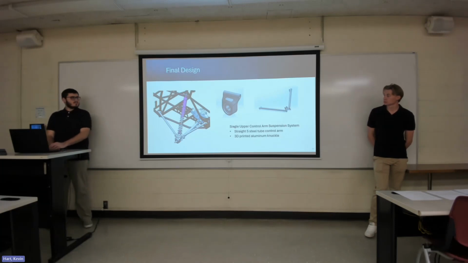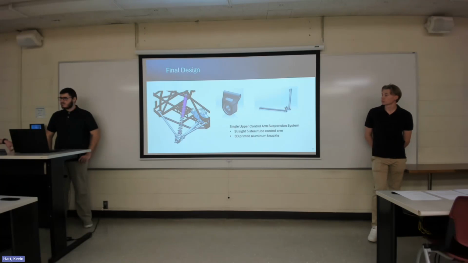This combination best complements the use of the load-bearing rear axle because it doesn't over-constrain that. And then, yeah, this will provide us with very good weight reduction compared to the previous suspension.